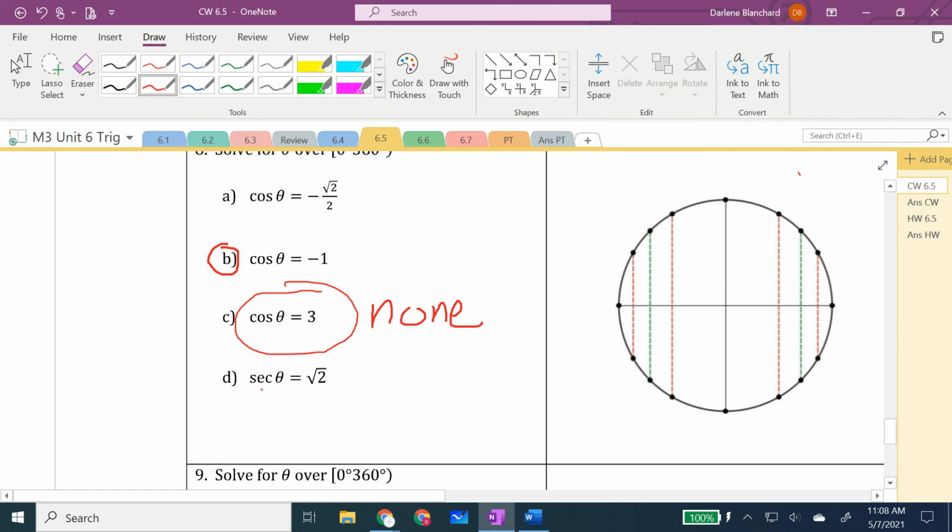And finally, secant. I find it easiest to look at what is the reciprocal. Secant's reciprocal is cosine. The square root of 2 reciprocal is 1 over root 2.